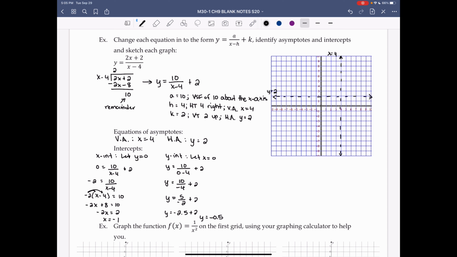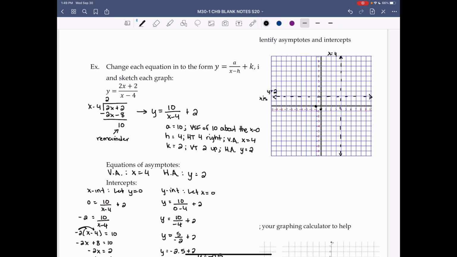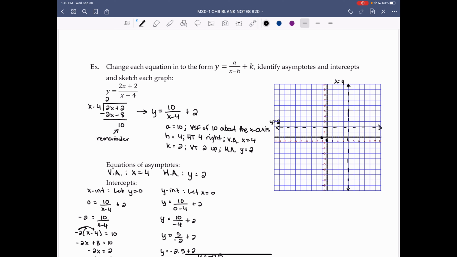Then we have our x-intercept at x equals negative 1, and our y-intercept at negative 0.5. We can then use symmetry to plot these 2 points on our other curve.